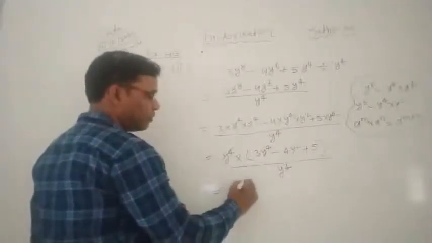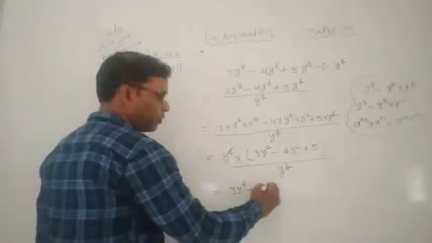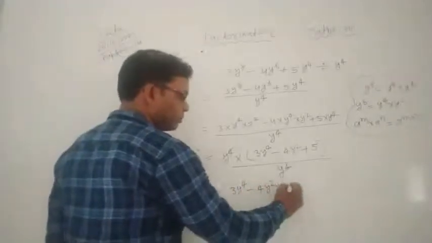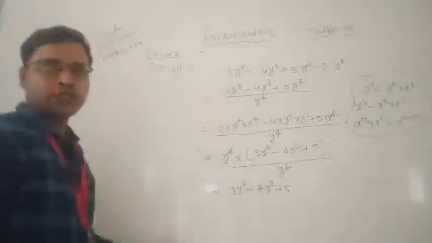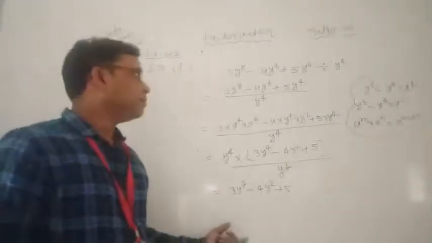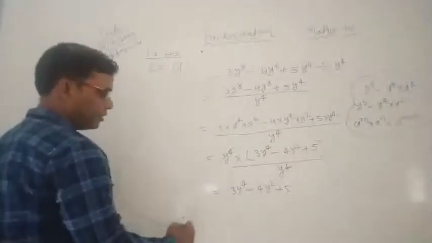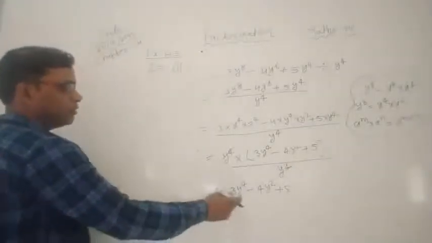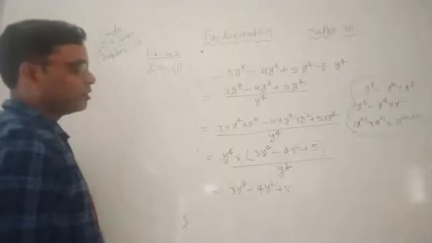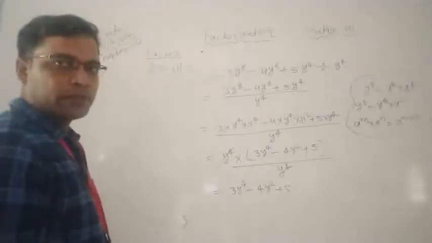So in this way you obtain 3y power 4 minus 4y square plus 5. This is your required quotient. If you divide this, then you obtain 3y power 4 minus 4y square plus 5.